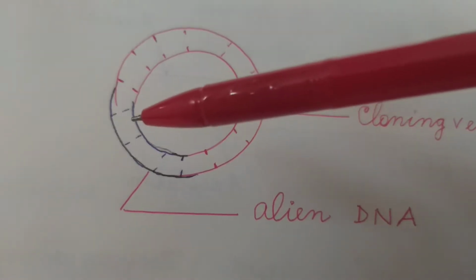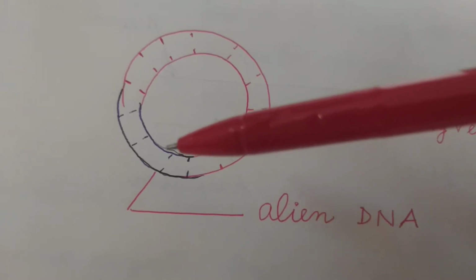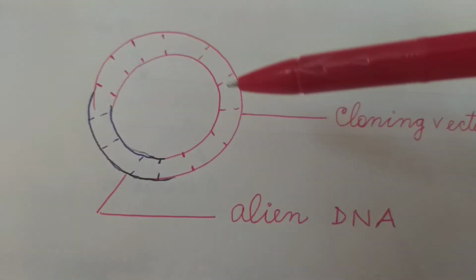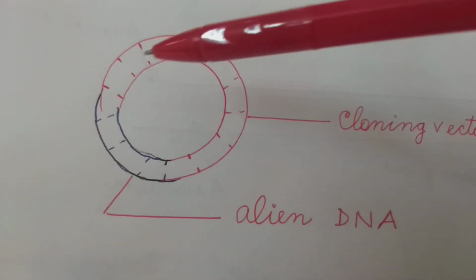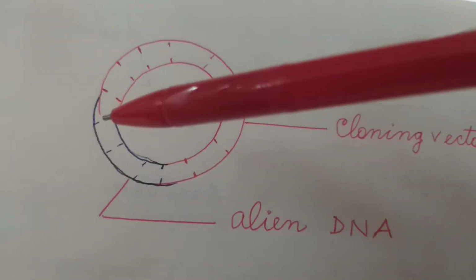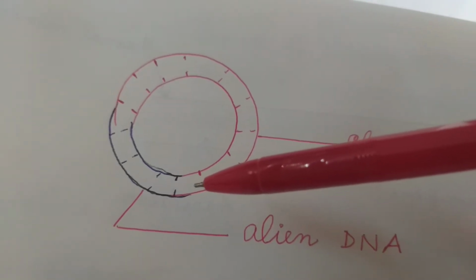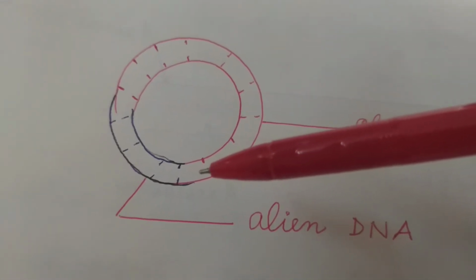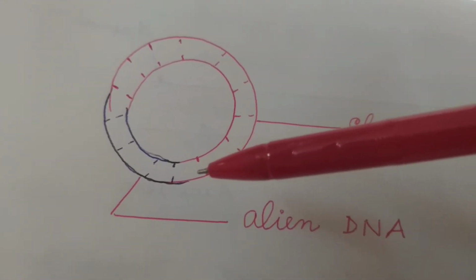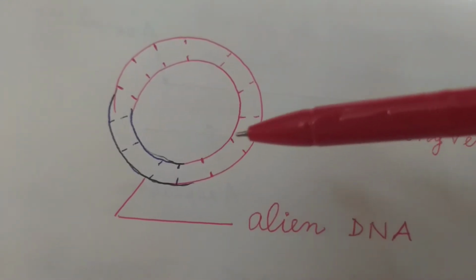So cloning of the alien DNA is possible because it is linked to the vector. So this is called cloning vector. The plasmid is a cloning vector. And the alien piece of DNA will multiply, it will make a clone. It will undergo cloning. It will make many copies. This is called cloning into a vector.